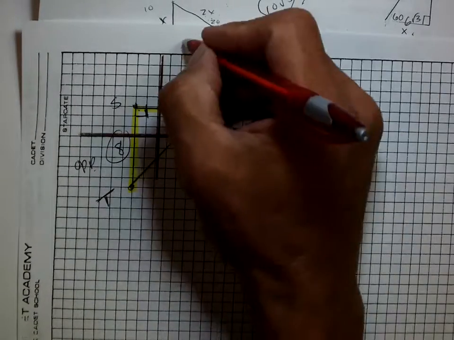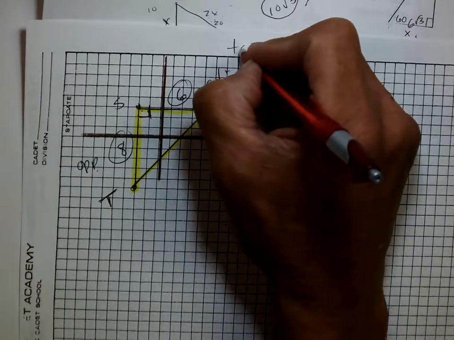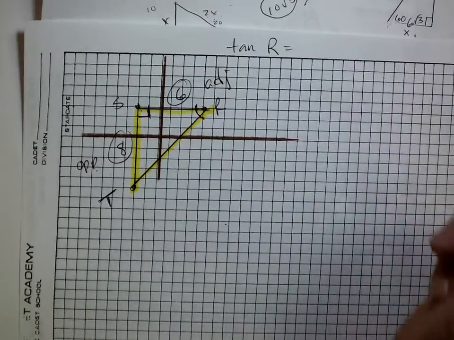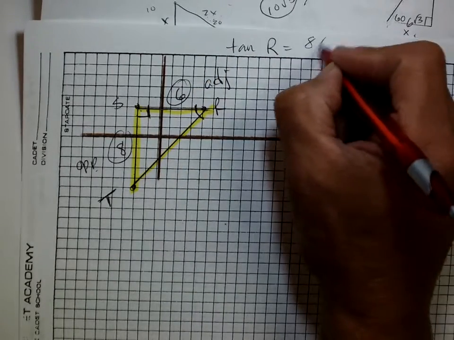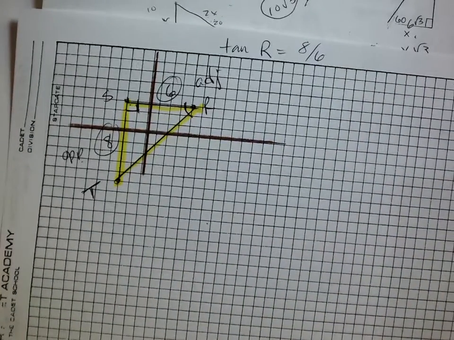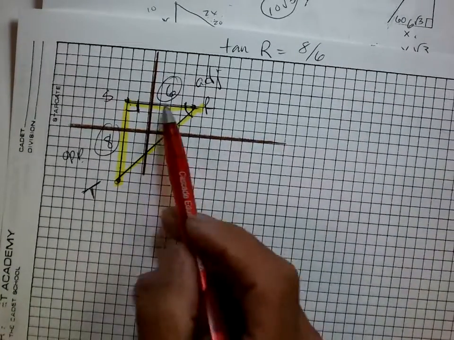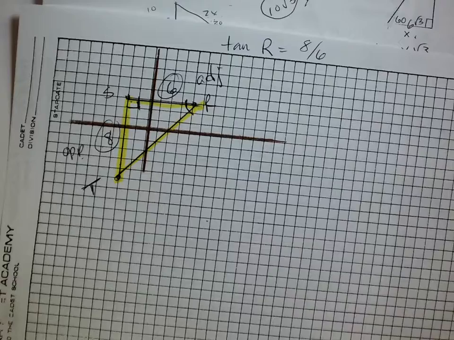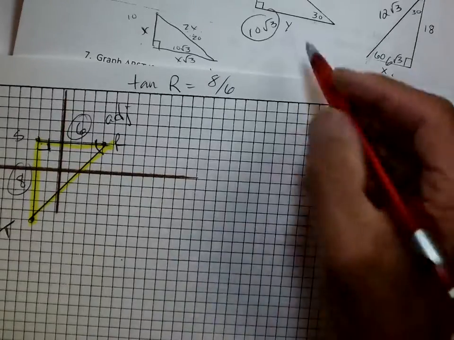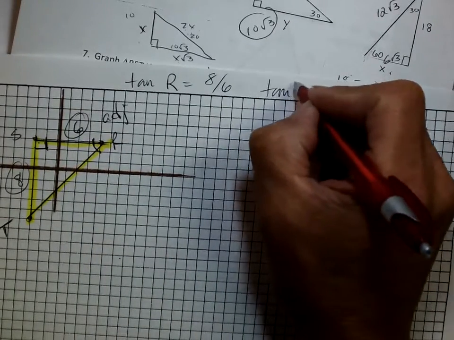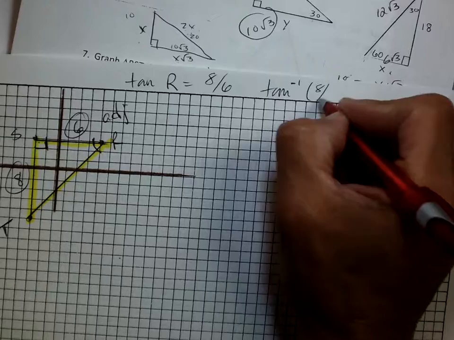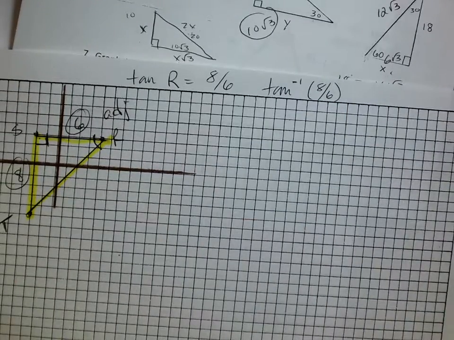So tan of R is going to equal 8 over 6, right? Because it is opposite over adjacent. But if we want to find the angle, we must use the inverse button, okay? So what I'm going to do is really tan inverse of 8 over 6, and I'll show you how that goes in your calculator.